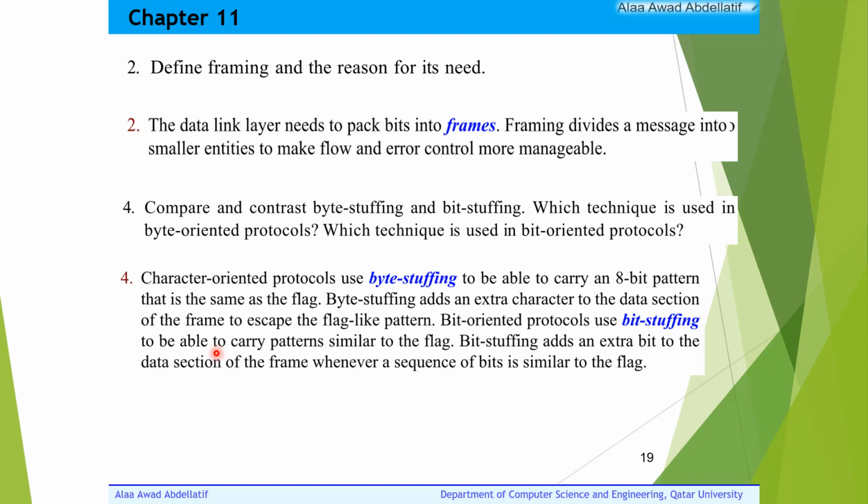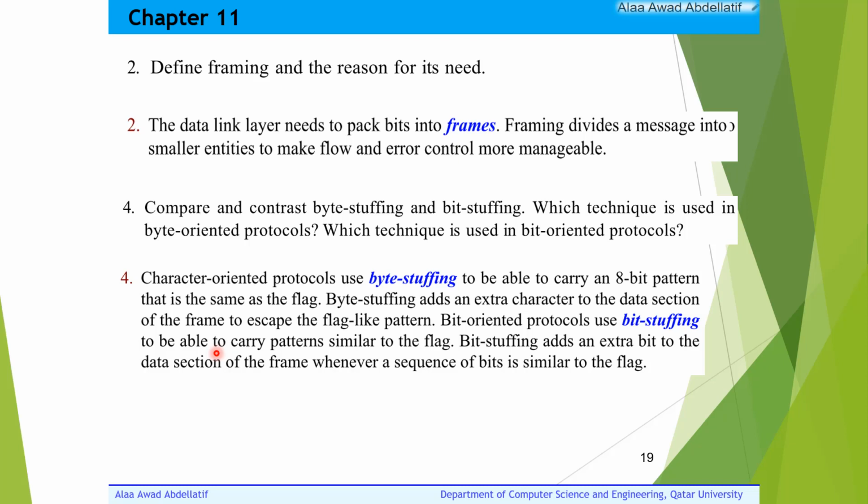To differentiate between the flag and the normal data, because I am putting a flag at the beginning of each frame. So if the flag is repeated in the data, I have to put a skip before it to let the receiver know to skip this part. It's part of the data, not part of the flag. The same for bit stuffing, but with a bit-oriented protocol.